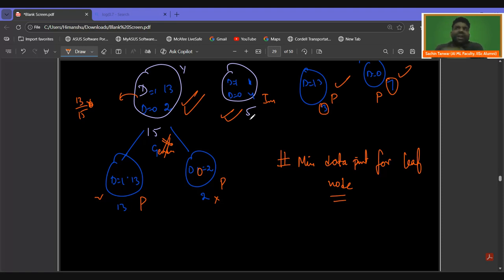Then there are other ideas as well. For an example, decision trees generally overfit. Why do they overfit? Because they are actually going by the training data a lot over here. And if we go for the pure nodes, it's overfitting especially if we are getting into more depth. The other thing can be pruning. What we have done just now was something like pruning over here, that we avoided a split because we wanted to have some minimum data points.